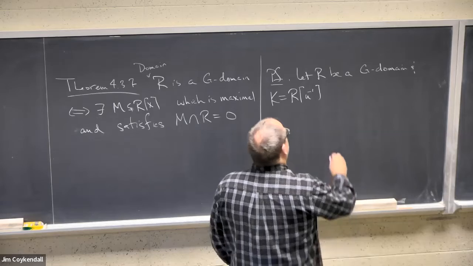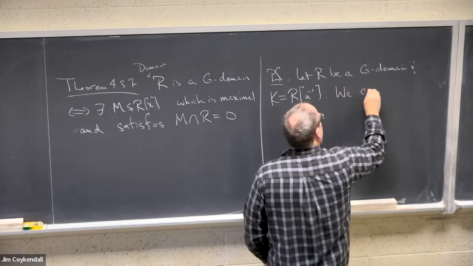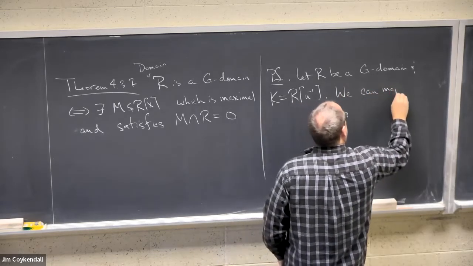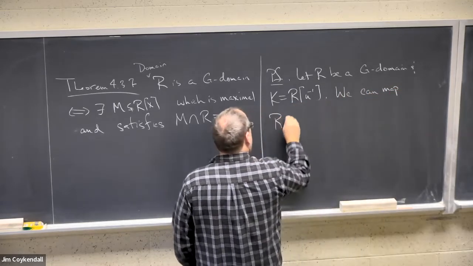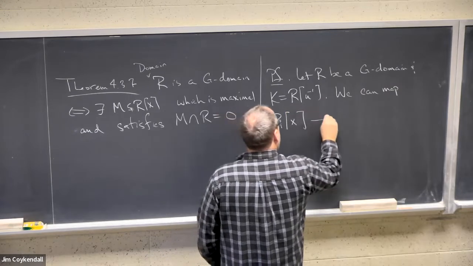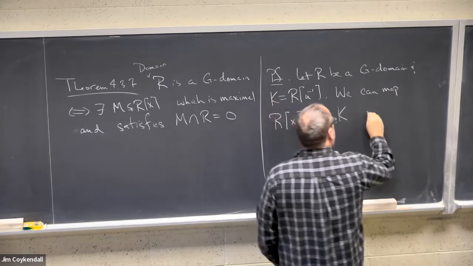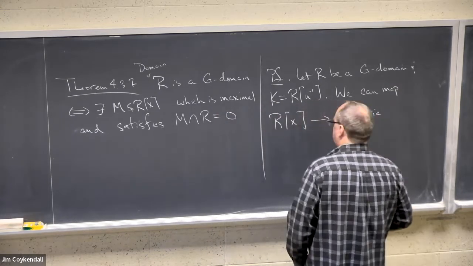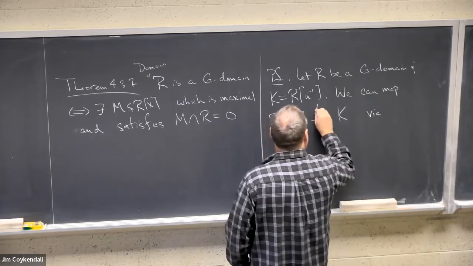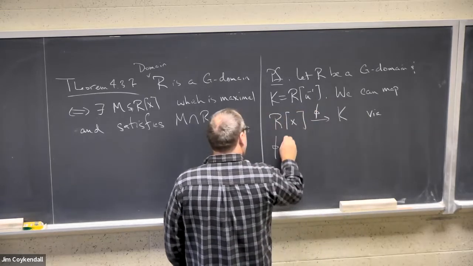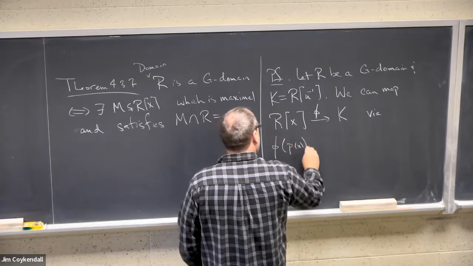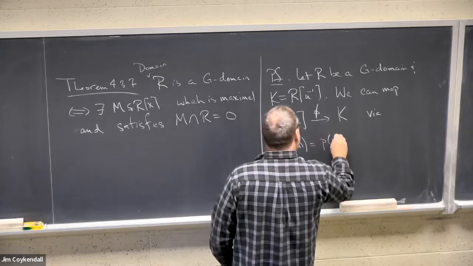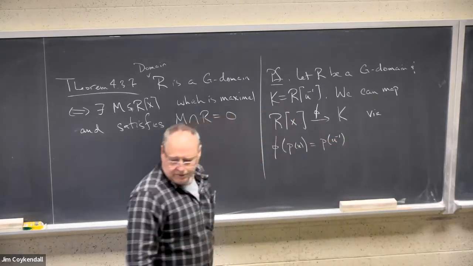So we can map R[x] to K via P(x) goes to P(u inverse).